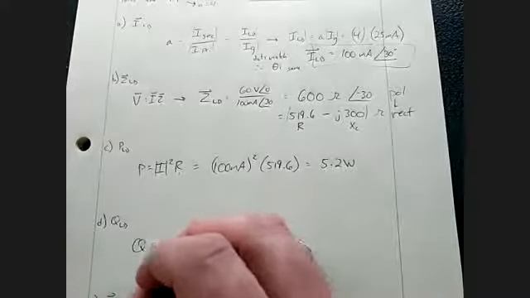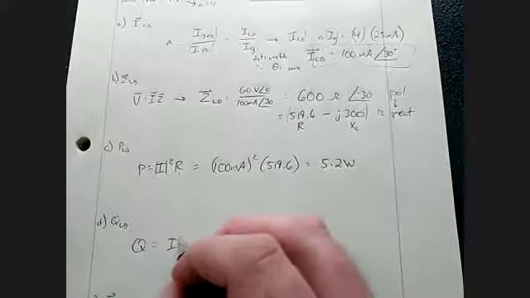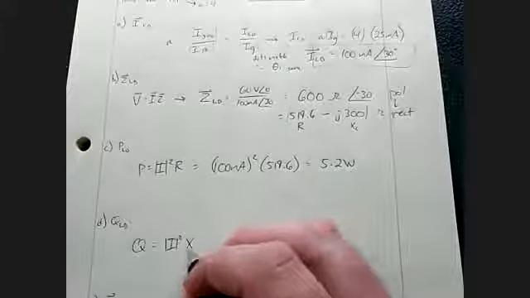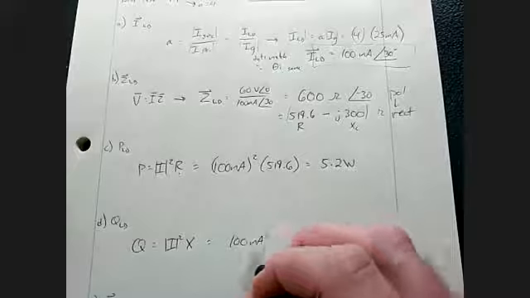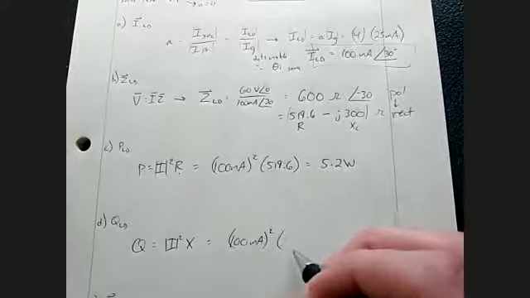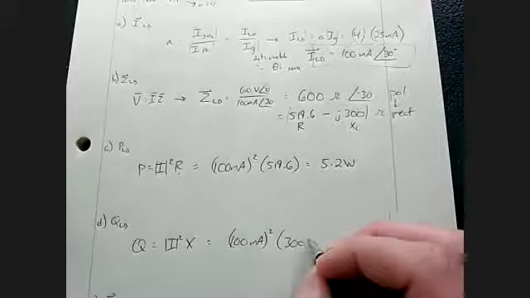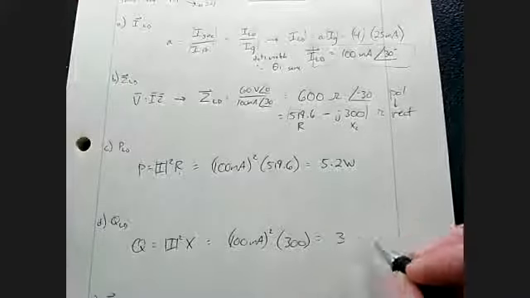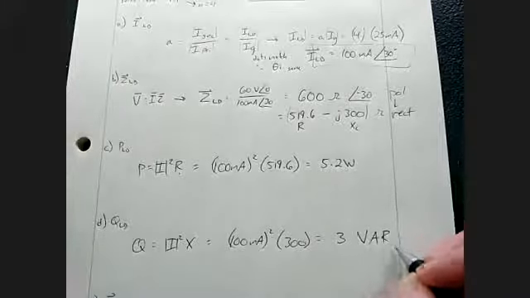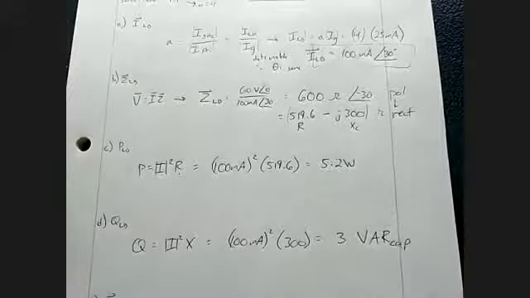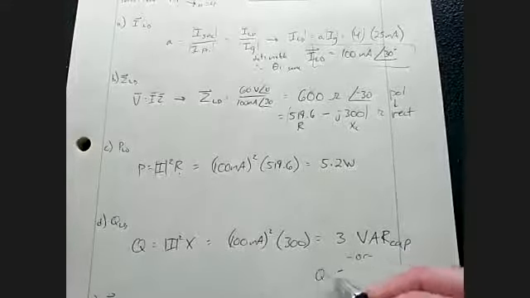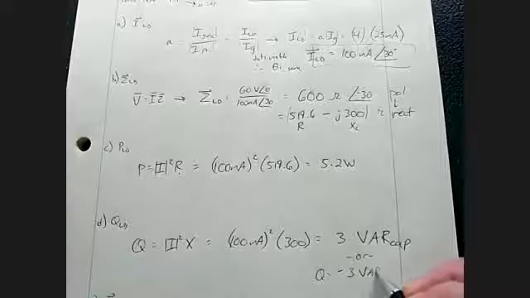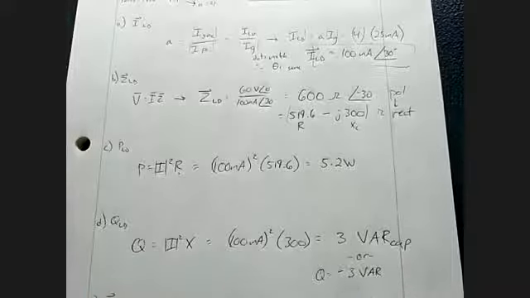I can do the same thing with Q, I squared X, just the magnitude, 100 milliamps squared, and the X is 300, and I get 3 VAR. You need to either label it capacitive, or you could write Q equals negative 3 VAR, and that negative would tell me that it's capacitive.